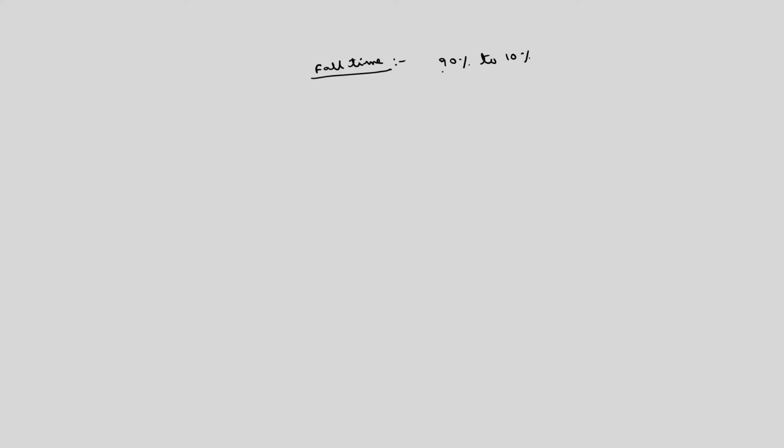Initially we will assume that V out of 0 is equal to VDD, and now I want to make this go to 0. In order to get to 0, we have to make the input equal to VDD. When the input is high, NMOS is on and PMOS is off.